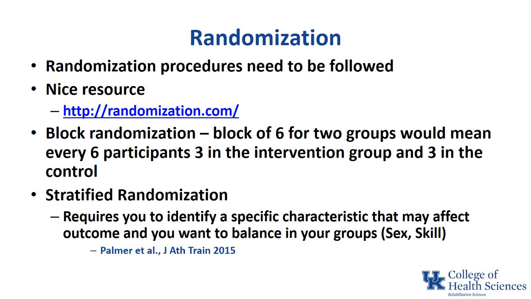So if I want to do blocks of 6 for 2 groups, that would mean that every 6 participants I would have 3 in the intervention and 3 in the control, and I might go up to 24 or 30 subjects or 60 subjects, but I'm evenly getting randomly assigned controls and experimental every 6, so I can do some preliminary analysis to see if there's anything going on with my data.